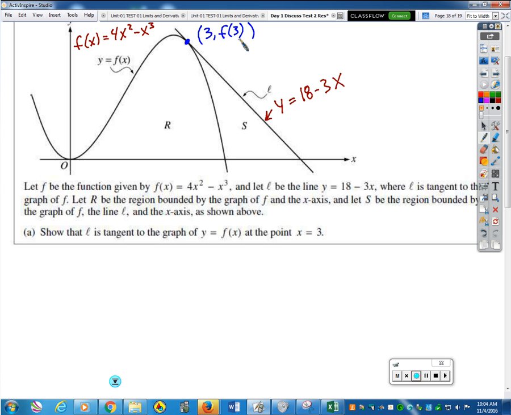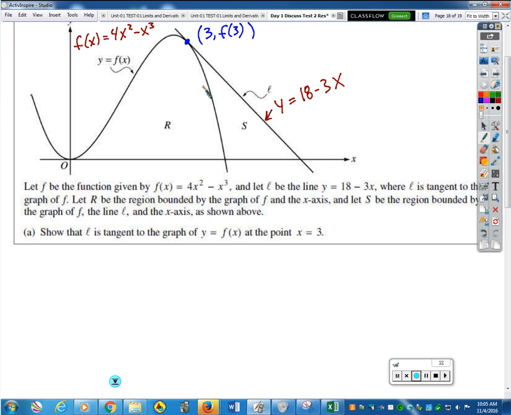Somebody tell me what's the goal of the problem. So we want to show that this line is tangent to this graph. When they say show that a line is tangent, it's a fancy way of saying, please go find the equation of the line tangent to f at x equals 3.